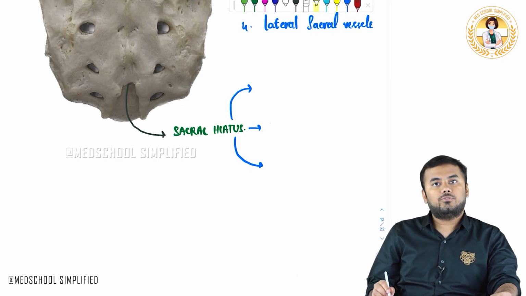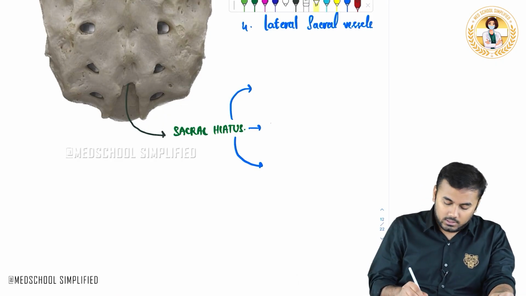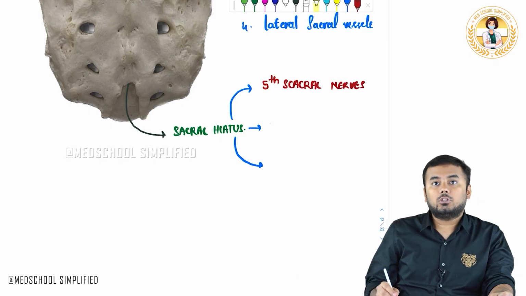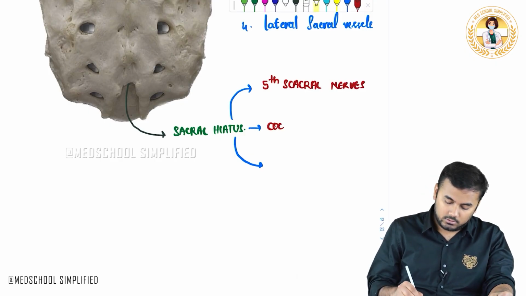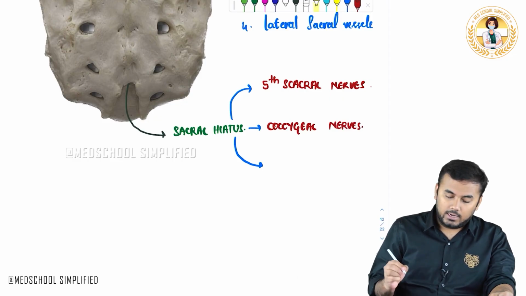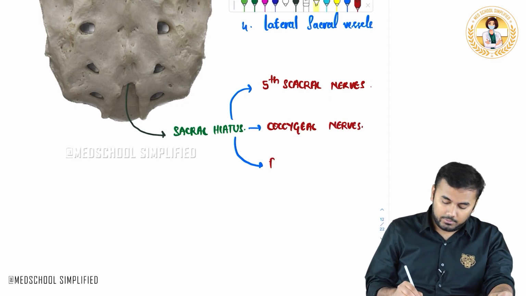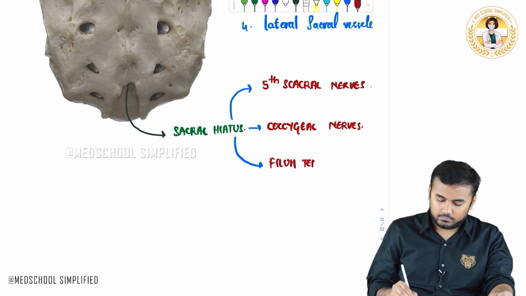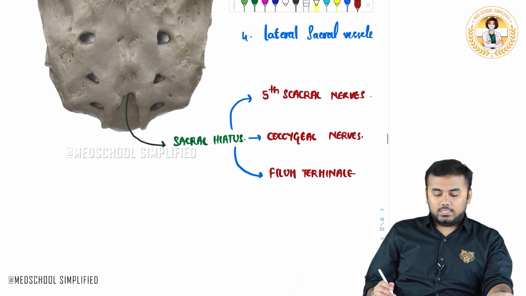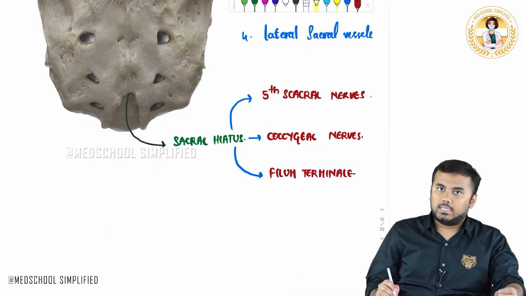One is the fifth sacral nerve, then you have the coccygeal nerves, and finally you have the filum terminale. These are the three things that come out of the sacral hiatus.